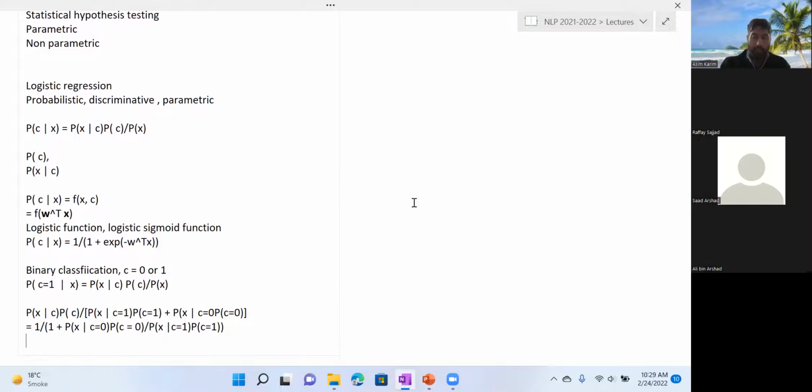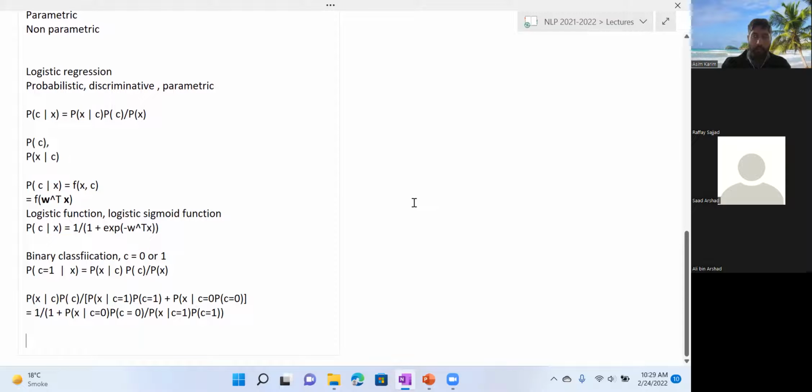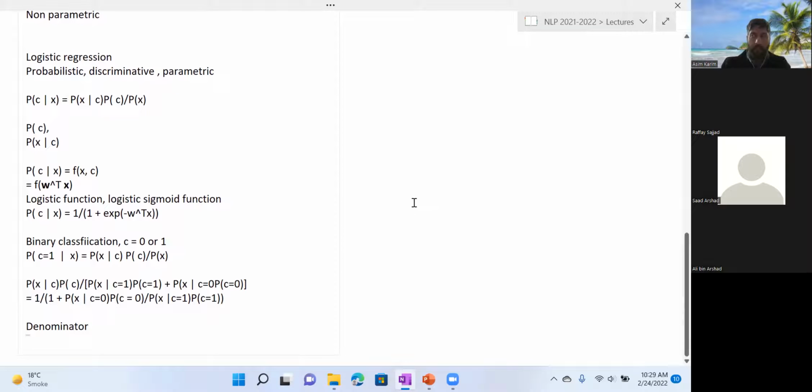So again, taking the right hand side, ऊपर तो 1 आ गया, denominator को देखते हैं सिर्फ. So denominator में मेरे पास 1 plus, ठीक है?